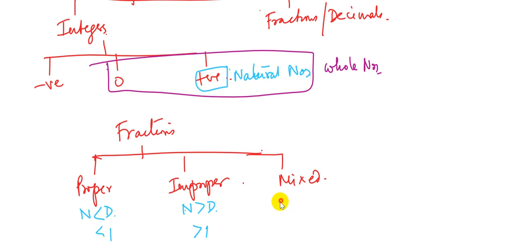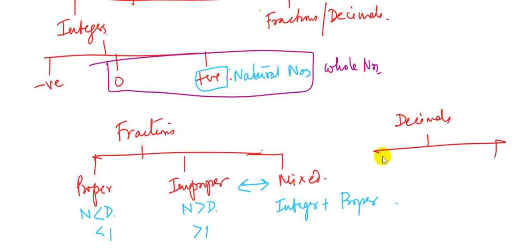And mixed means an integer plus a proper fraction, right? Improper can be expressed as mixed, mixed can be expressed as improper. And finally, we come to decimals. Decimals are of two types: recurring and terminating, right?